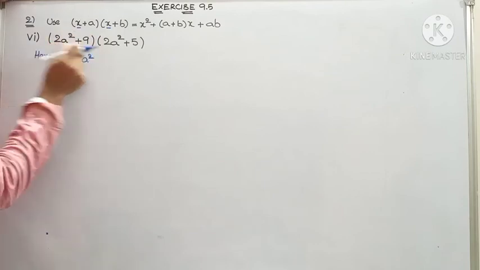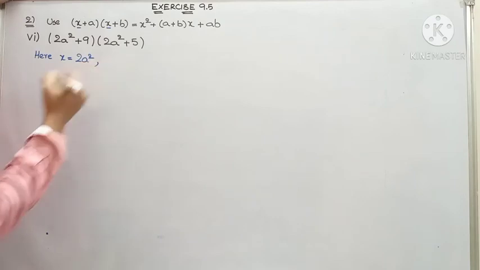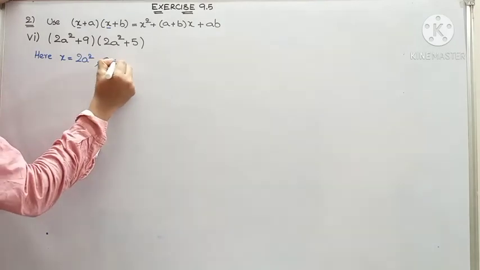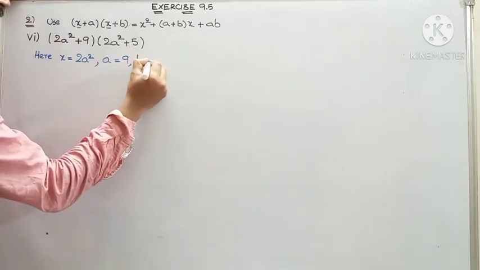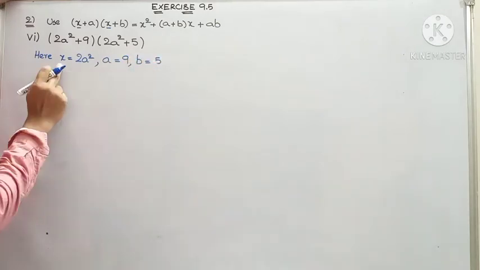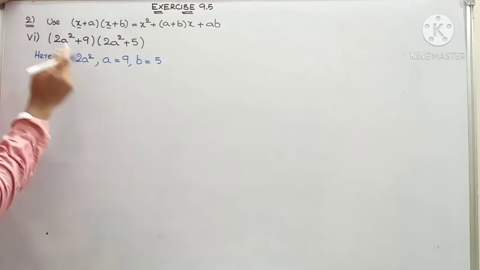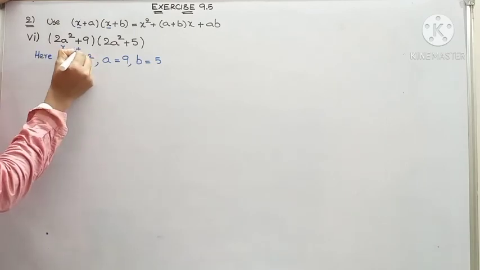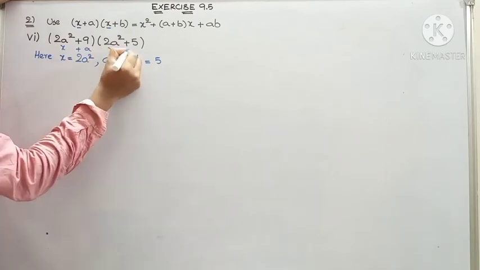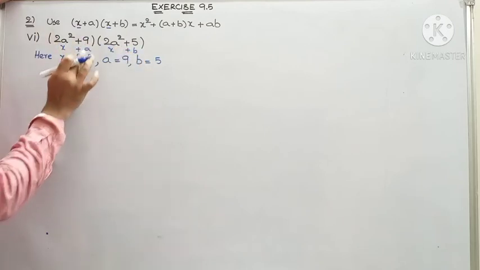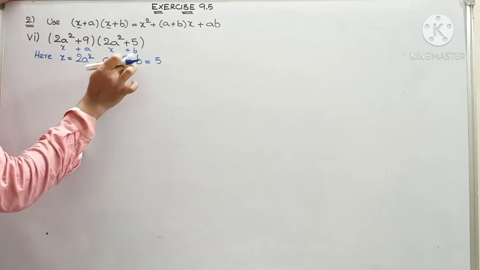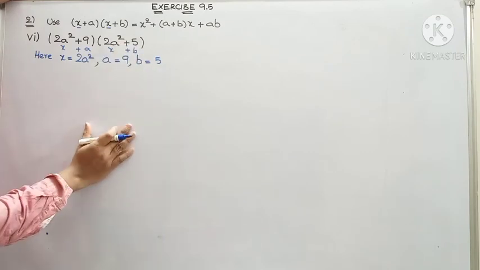And a is equal to 9, b is equal to 5. I am comparing this with (x + a) and (x + b). The value of x is 2a², the value of a is 9, and the value of b is 5.